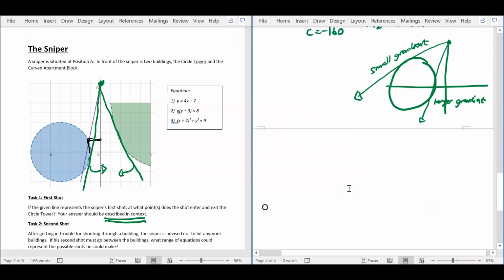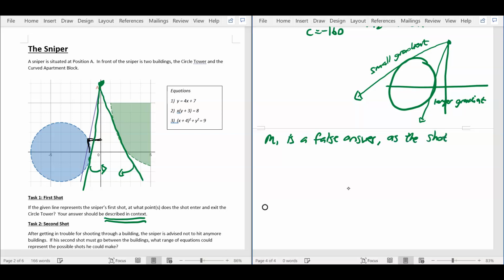Okay, so based on that, m1 is a false answer, as the shot, I suppose we could be more specific and say second shot, but we won't do that here, would go across the face of the circle tower.